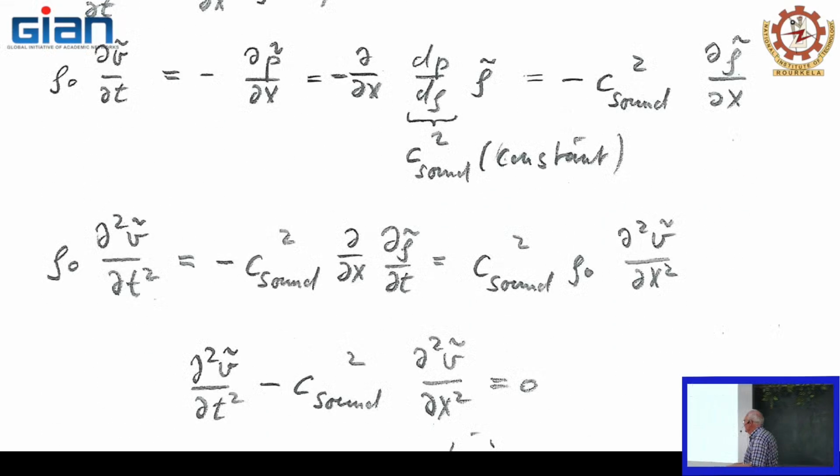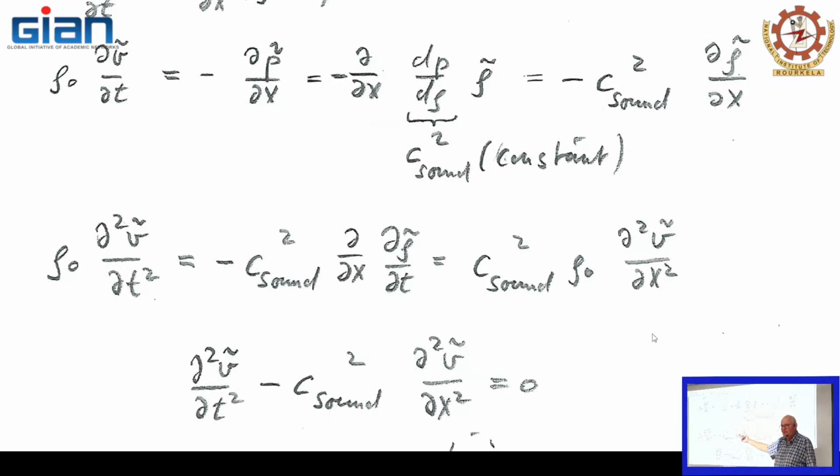Okay, so we differentiate this twice with time, then we are left with rho naught times the second time derivative of the velocity perturbation equal to minus c sound squared d by dx, the derivative of the density perturbation with respect to time.